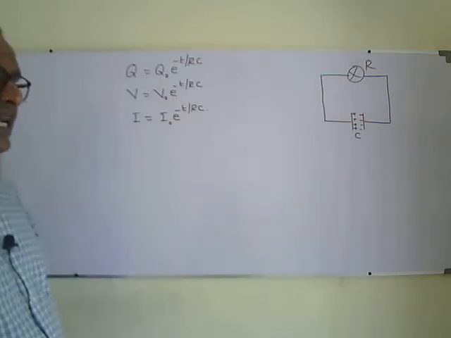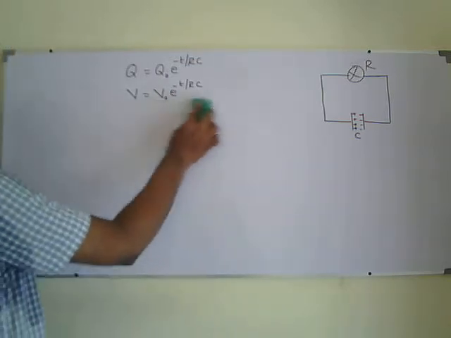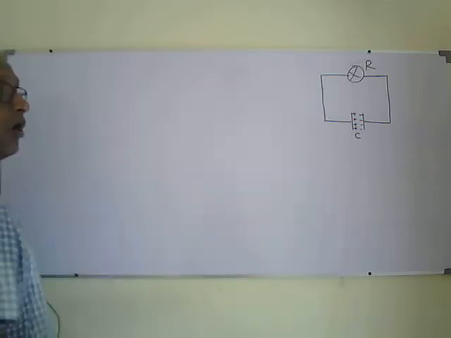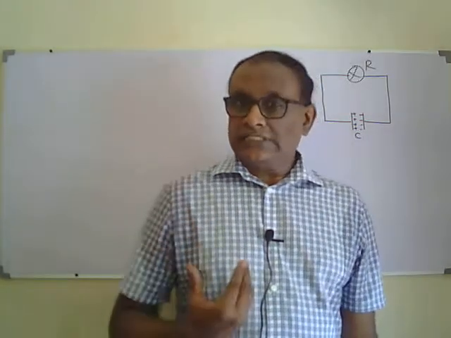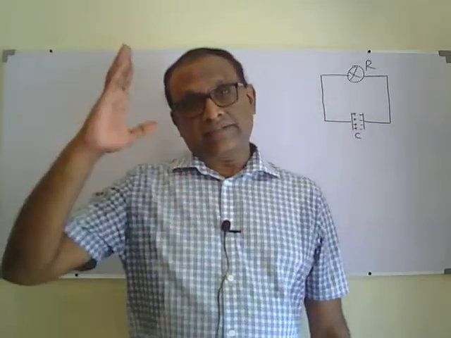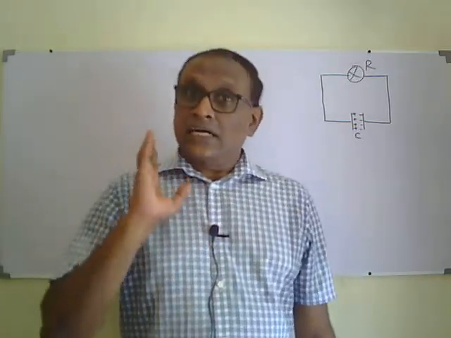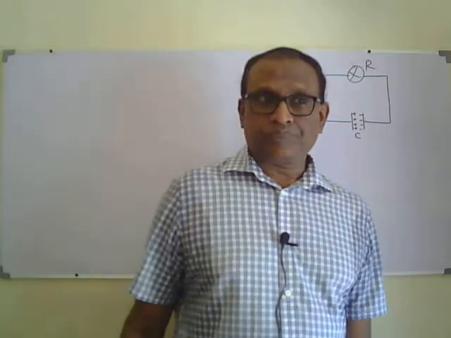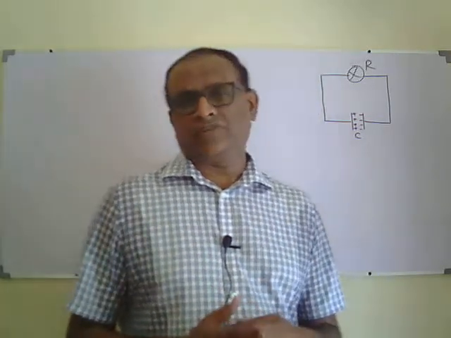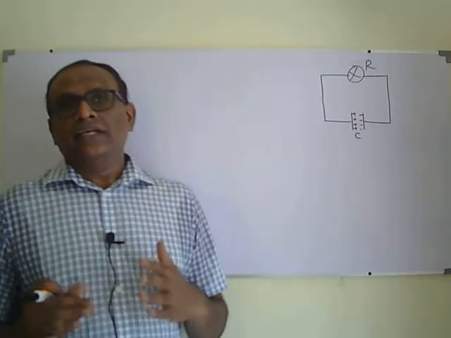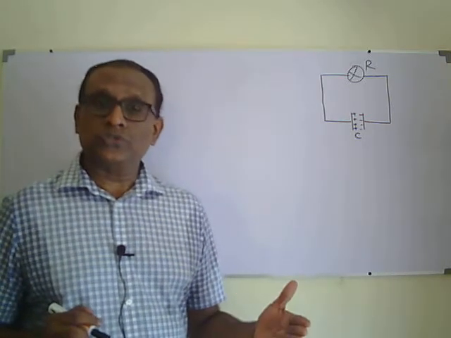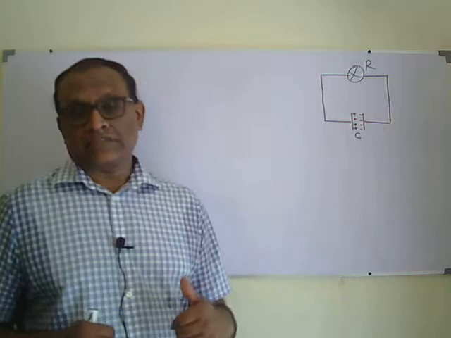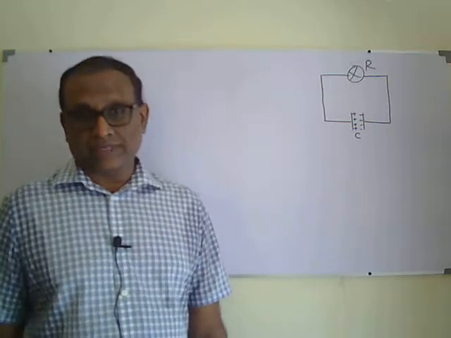Okay, so next there's one thing called the half-life of the charging circuit or the half-life of the discharging circuit. During the charging process, only one factor decreases exponentially, that is the charging current flow. What does the half-life of the charging circuit mean? It is the average time taken for the current flow to drop to half of the previous value, or 50% of the previous value.